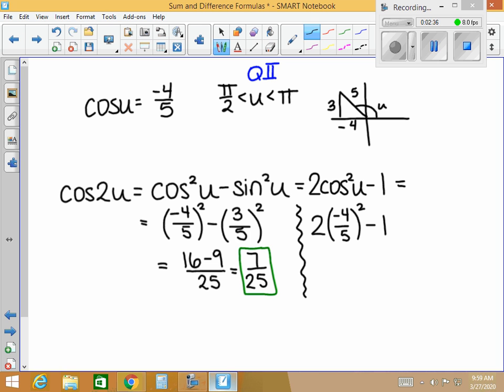I would have been okay here without having to draw it, only using the cosines to find cosine 2u. 4 over 5 squared is positive 16 over 25. I double it, I get 32 over 25 minus 25 over 25, which is 7 over 25. I'm not going to write the steps in there because this is fraction arithmetic. You should be able to get there.